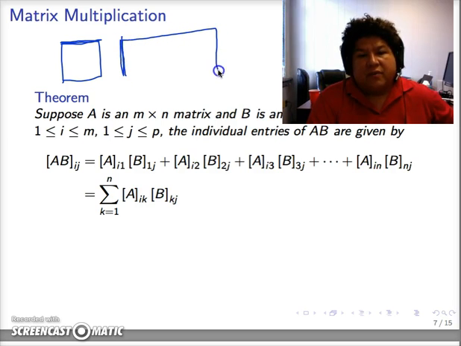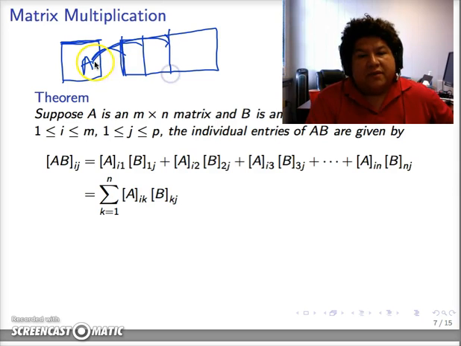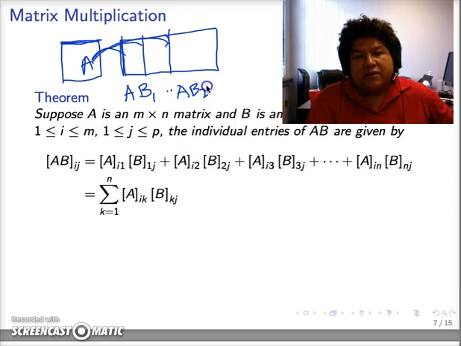So we have defined this product, with this being A, as distributing the matrix-column vector multiplication: A times B1, A times B2, and so on, all the way to A times B sub P. This is how we think of this operation.